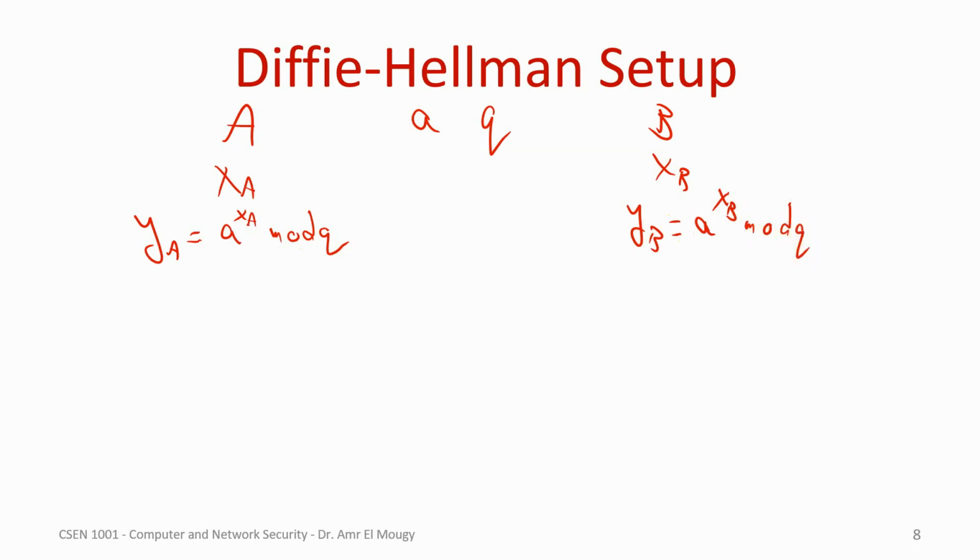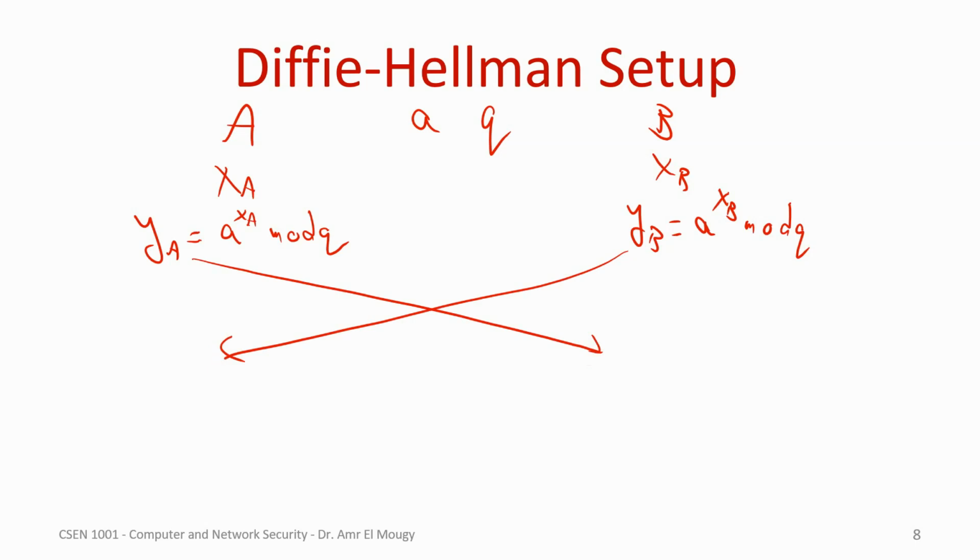Now, as we said, the goal of the Diffie-Hellman exchange is to establish a secret key between two users. So now we assume that A and B want to actually exchange a secret key between them. What they do is that they send to each other the values of their public keys.